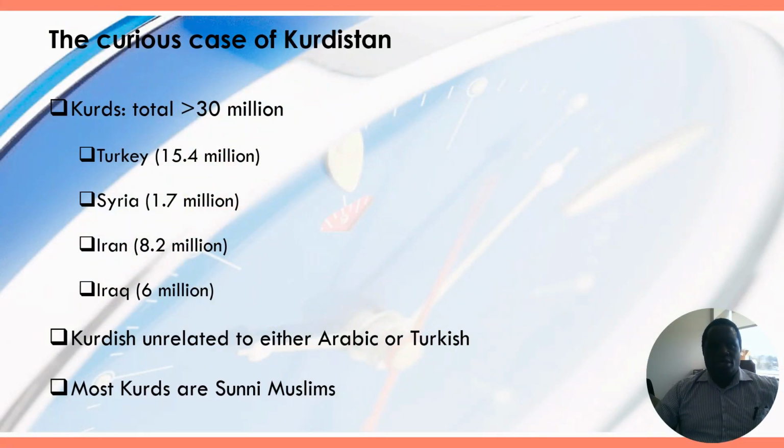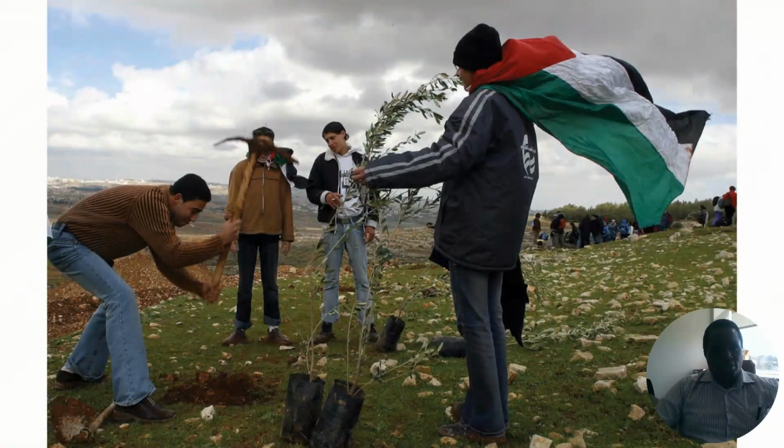And again, their total number is about 30 million, and they also see themselves as different from, for example, the Turks and the Arabs in places like Iraq, but also being of a different religion, this further magnifies their place.